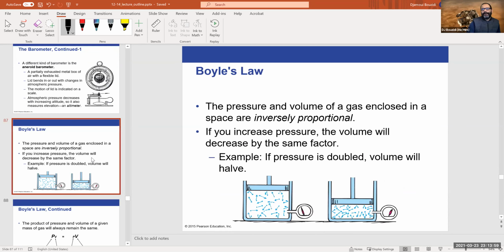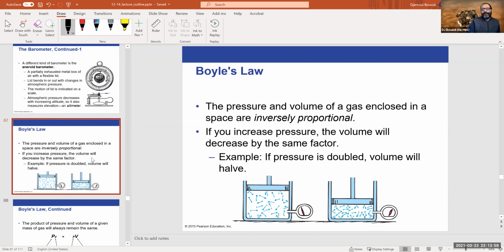At a fixed temperature, Boyle found that the pressure and the volume are inversely proportional. In other words, if you increase the pressure, the volume will go down, okay? So this is at fixed temperature. This is true for basically low density gases, later called ideal gases.